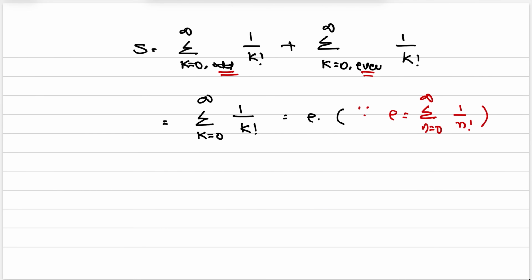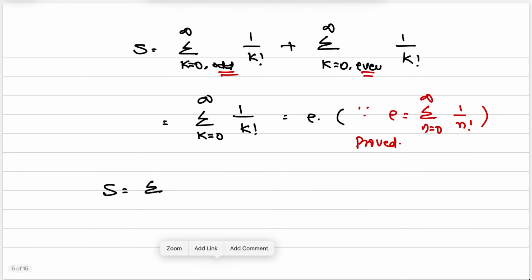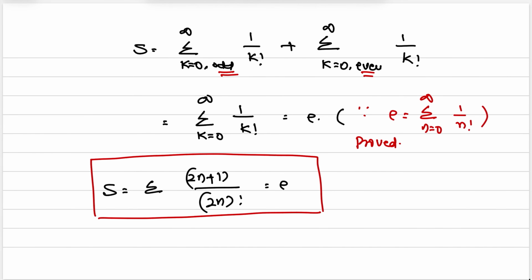Hence, it is proved that S is equal to sigma (2n plus 1) whole divided by (2n) factorial is equal to E. This is proved.